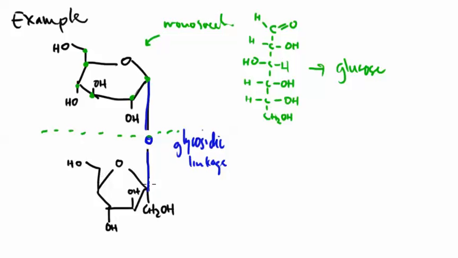So 1, 2, 3, 4, 5, and 6. Okay, well the problem here is that at this spot, that is not the number 1 carbon in the chain, right? If this is the carbon chain that we have basically circled with the green dots, well that's not the number 1 carbon. This is actually the first carbon in the chain, the CH2OH.